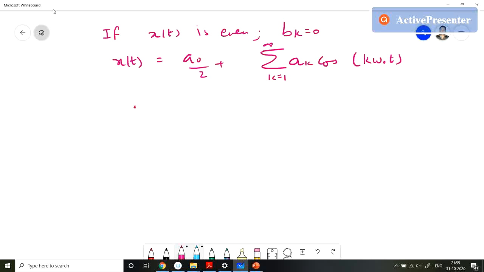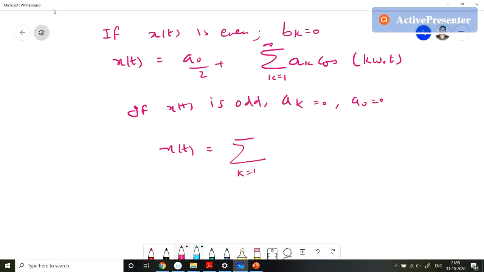And if x(t) is odd, then ak = 0 and also a0 = 0, so x(t) = summation k = 1 to infinity of bk sin(k omega0 t).